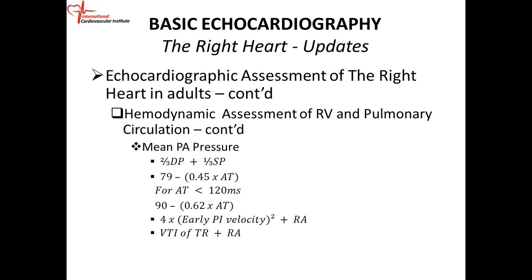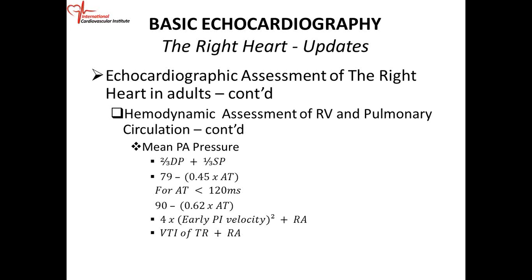And remember to ask your instructors to show you how this is done. So if the acceleration time is more than 120 milliseconds, 79 minus 0.45 times the acceleration time. If the acceleration time is less than 120 milliseconds, it's 90 minus 0.62 times the acceleration time.